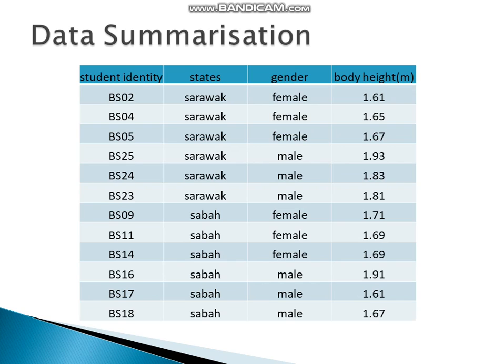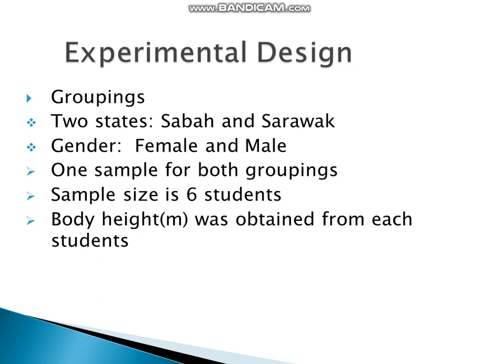One dependent variable was recorded, which is the body height, while one categorical variable has two groups, the state of Sabah and Sarawak, and another categorical variable has two groups, gender, male and female. So this is the experimental design.